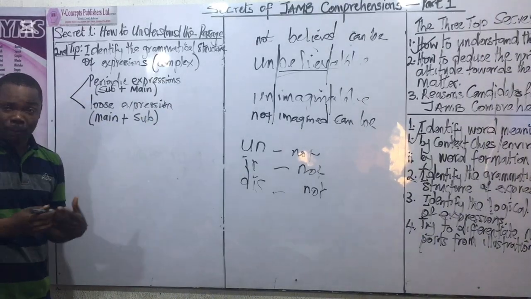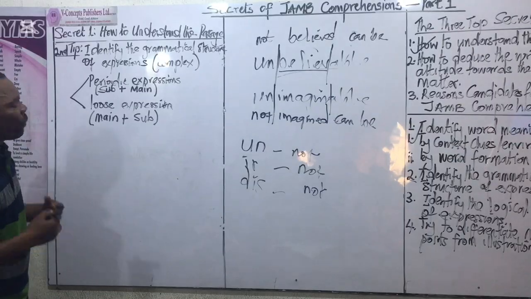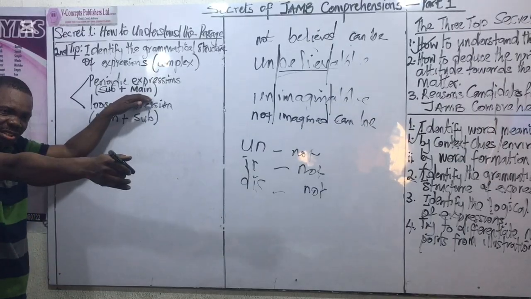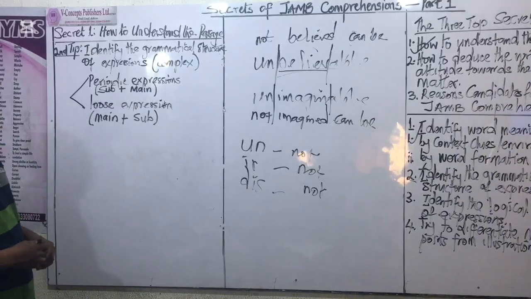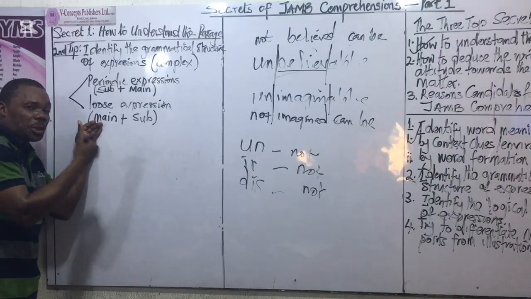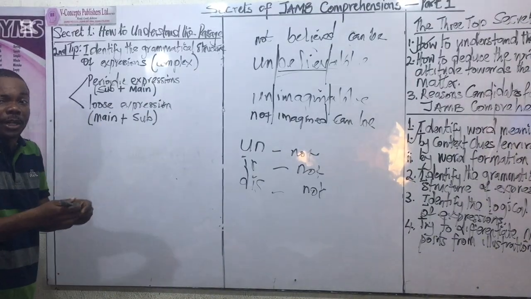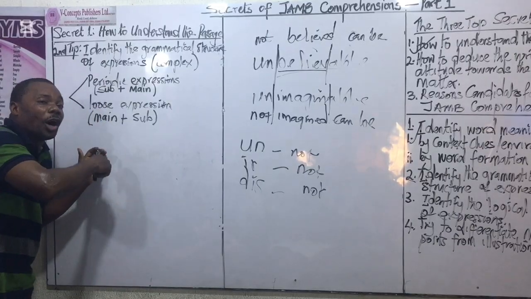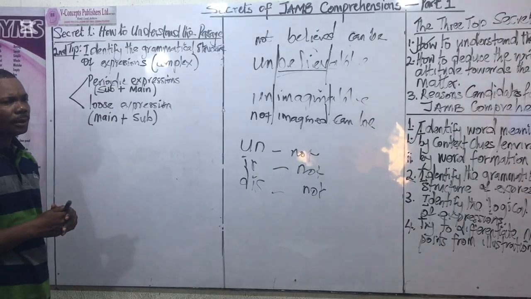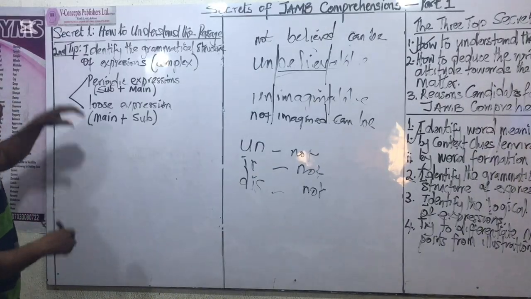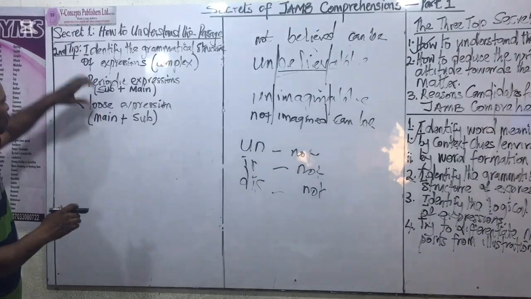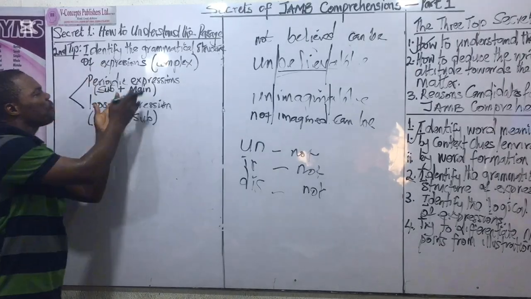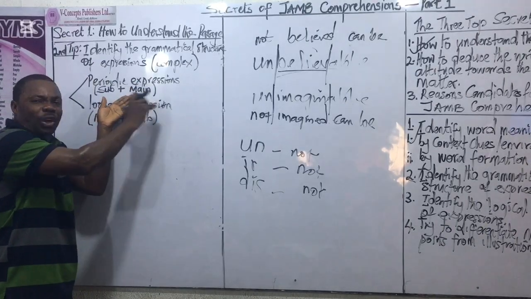A periodic expression is the type of expression where the main point is at the end of it, while a loose expression is the type of expression where you can usually find the main point at the beginning of the sentence. Now, JAMB passages are fond of using periodic expressions where you are going to find the main point at the end of the construction.